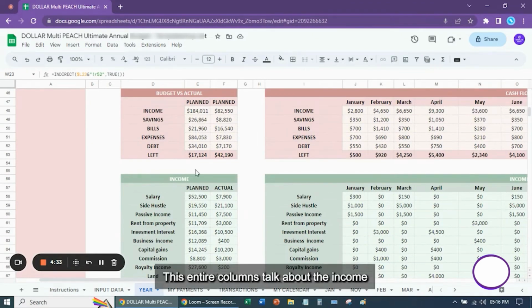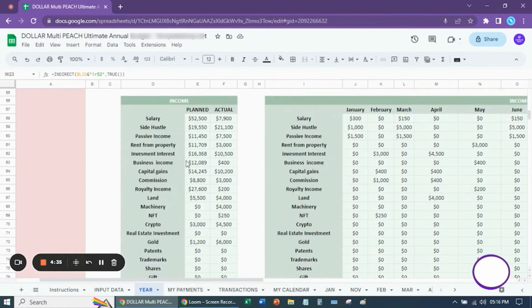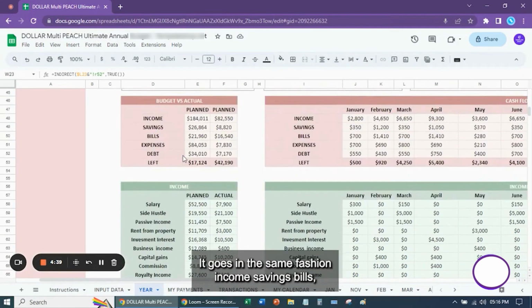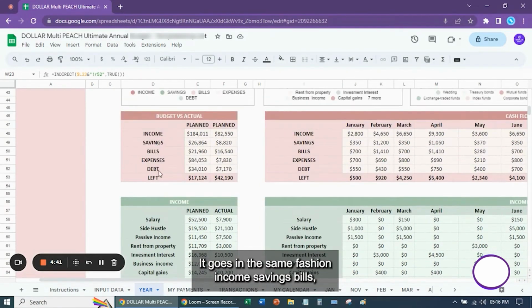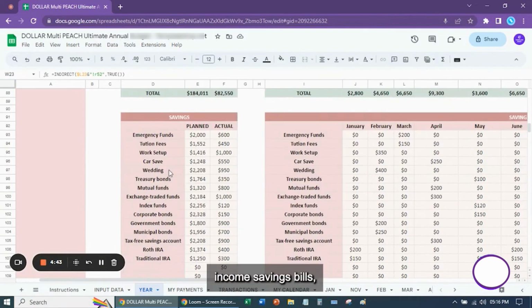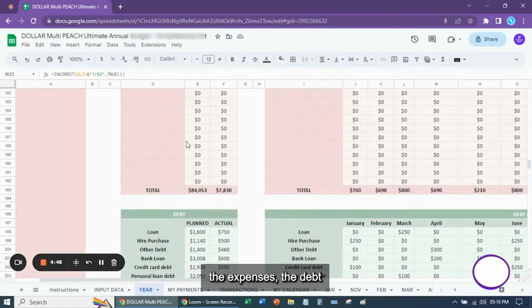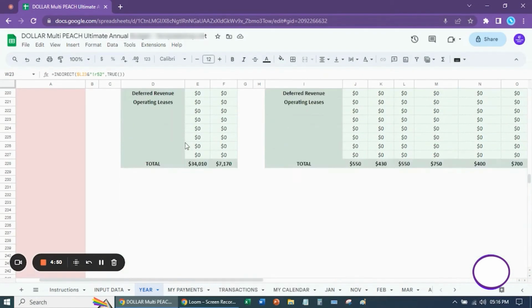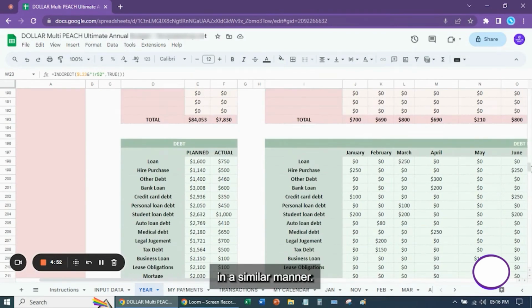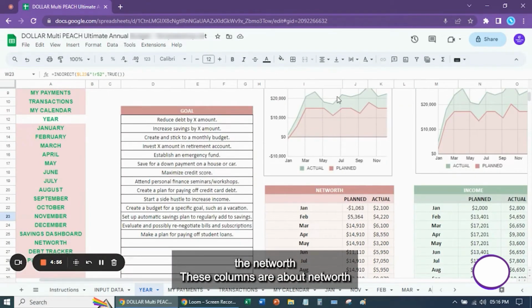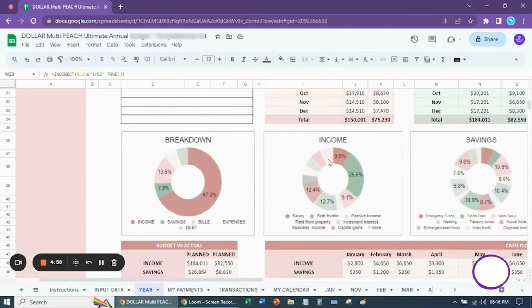This entire column talks about the various incomes. The savings go in the same fashion: income, savings, bills. Income, savings, bills. The expenses, the debt, in a similar manner. What we have here is about the net worth. These columns are about net worth.